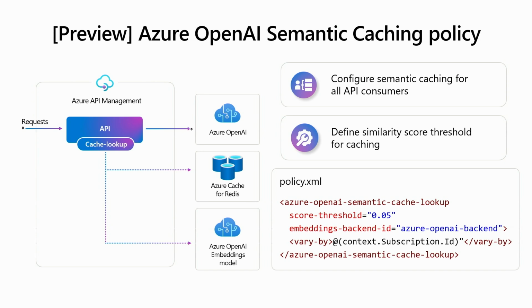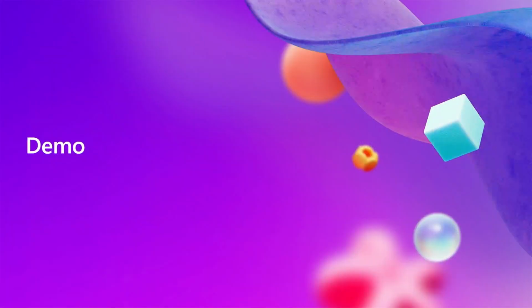So we've added this functionality that uses Azure Cache for Redis Enterprise with the Redis search capability, which allows you to cache responses for requests, and then for lookup, you would search for it based on a similarity score. Here in the policy, you see 0.05. That determines how close one request has to be to another in order for the response of the first one to be looked up for the second one. And again, you can partition this by subscription ID or other expressions.